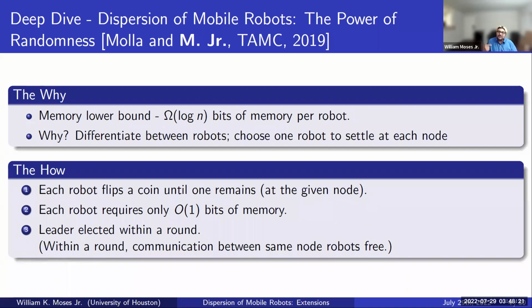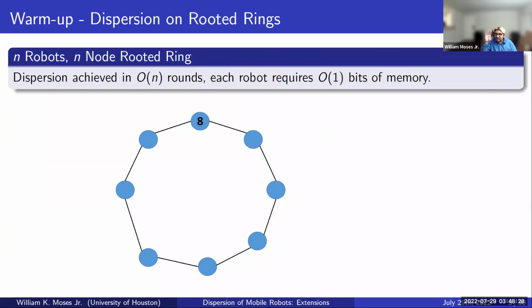Now let's look at how this algorithm might actually work. You've already seen how dispersion algorithms work, so this should be fairly simple. Suppose for a moment you're in a cycle, and assume that all the robots start at the same node. Each one just needs O(1) bits of memory, and the leader selection that I talked about earlier is run in 1 round. One of the robots will settle down, and the rest of them will just leave through the same port.